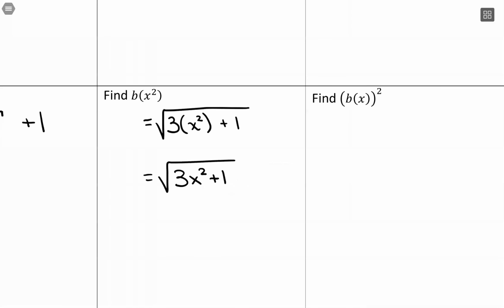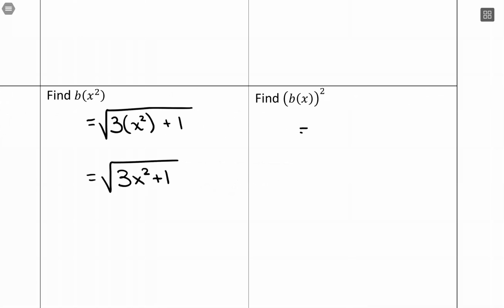If the square is on the outside of the function, then what this will look like is, if I draw those parentheses with my exponent of 2 on the outside, the input that I want in there is that entire b of x function. So within those parentheses, I'm going to put that square root of 3x plus 1.